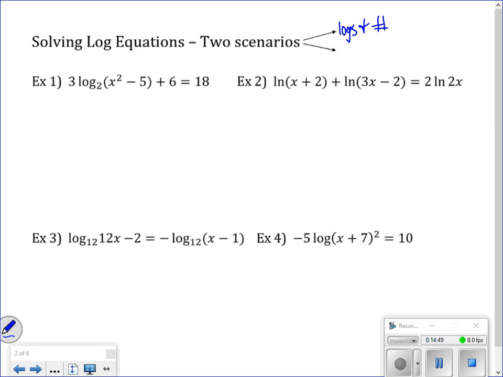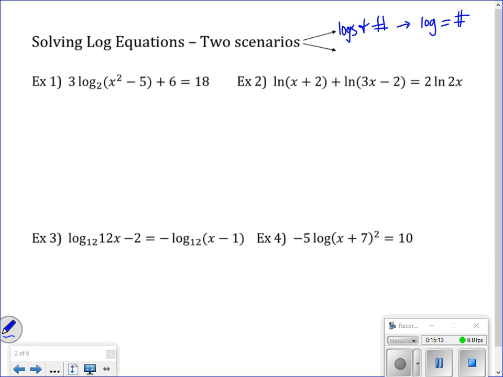Example 3, I got this 2 right here, and example 4, I have the 10. So I'm talking about these 3 right here. There's logs, but there's also numbers. What you're going to want to do is get your log expression equal to a number. So you want to separate your logs and your numbers, and then we're just going to write them as exponents and solve it that way.